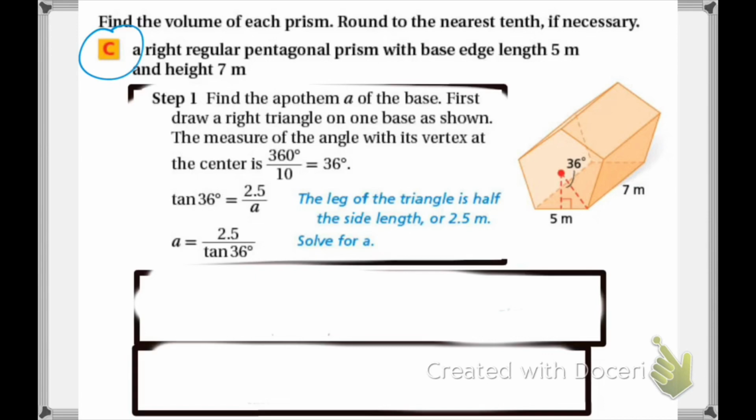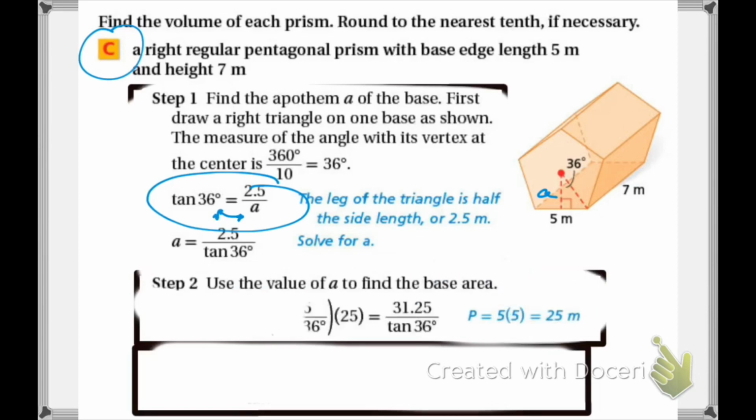So there's my central angle, and I already have half the central angle. That's already given to us. To solve for the apothem, I'm going to use my trig function, opposite over adjacent. I'm going to swap these two, multiply by 8 and divide by tan 36. And that will give me the length of the apothem.